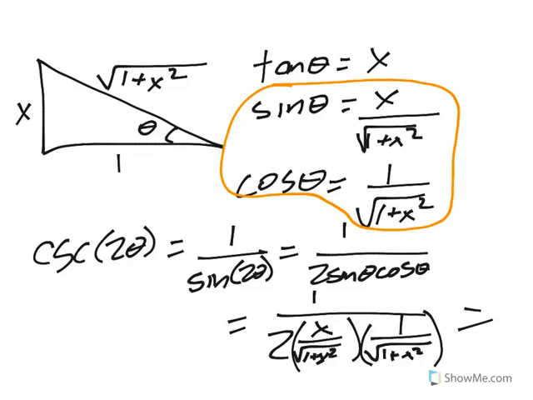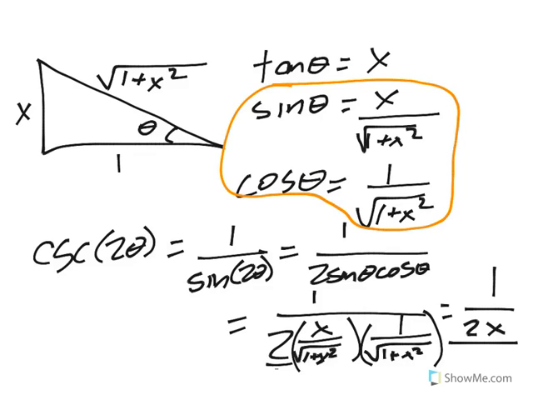So we've got just 1 on the top, but on the bottom we've got 2x in the numerator.